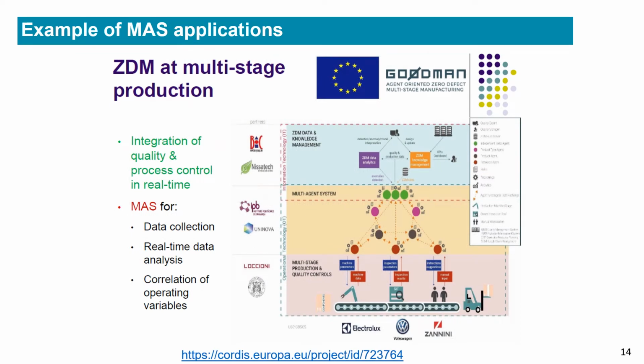The Goodman project has used this architecture shown, where they have layers of agents, and every layer is responsible for doing specific tasks.